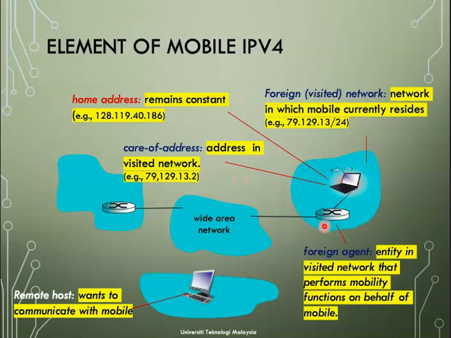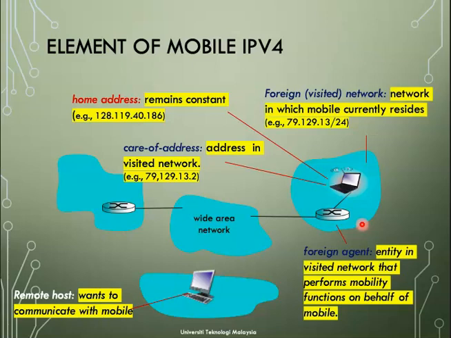Foreign agent is the entity in that visited or foreign network that performs mobility functions on behalf of the mobile. The foreign agent here is usually a router attached to the foreign network, and it receives and delivers packets sent by the home agent to the mobile host.